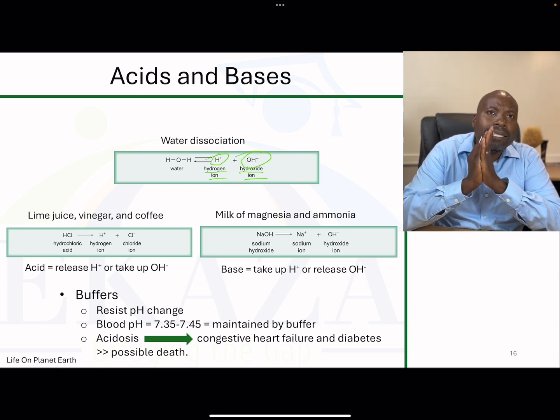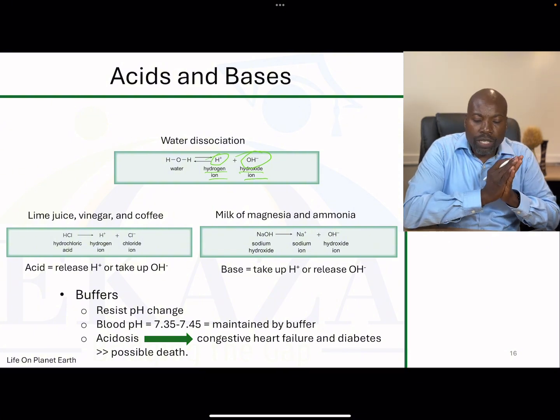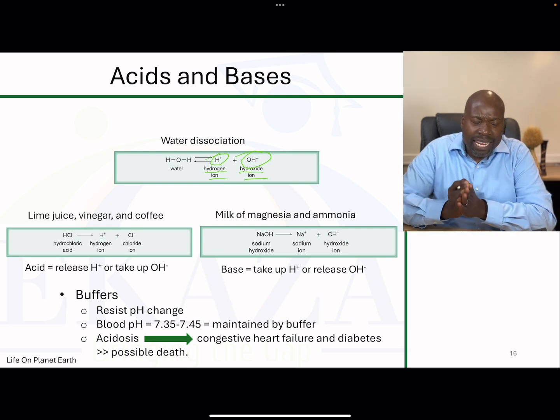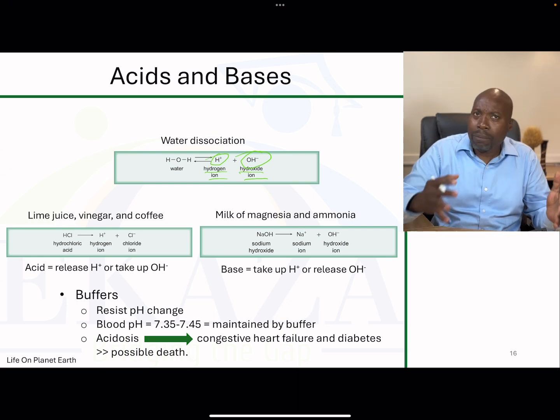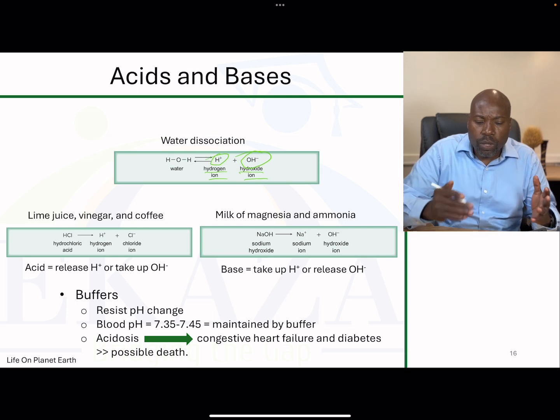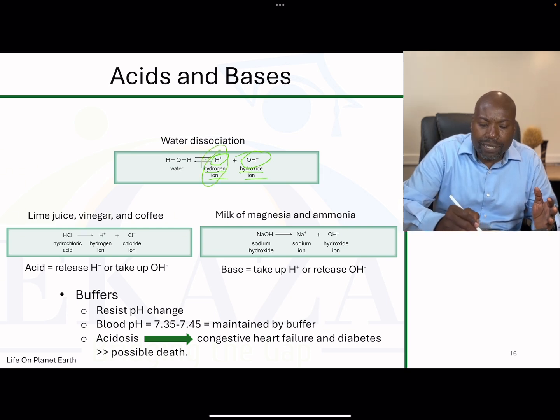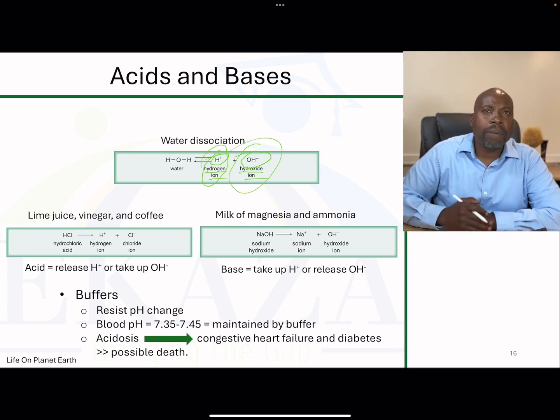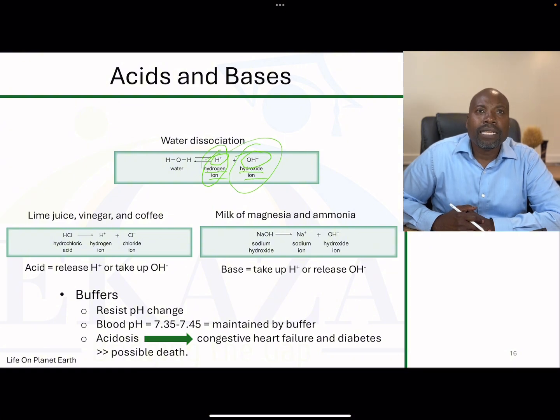In a water-based environment, do we have more hydrogen ions than hydroxide ions? Or do we have the same quantity? What is the concentration of each of these ions in a water-based environment?